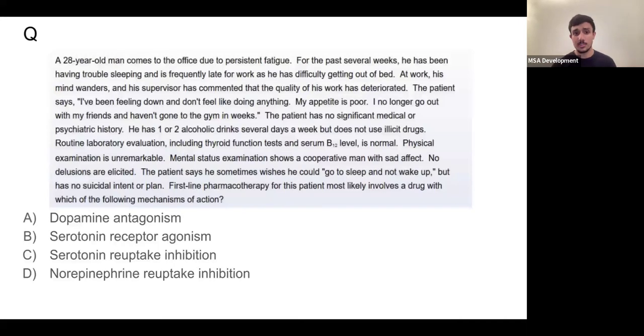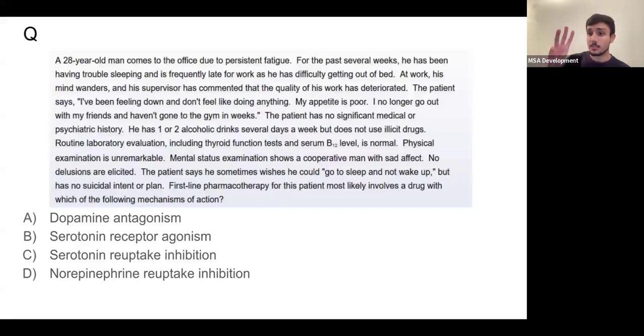Now let's go on to antidepressants. So antidepressants, we have classes of antidepressants. The most common, serotonin reuptake inhibitors, the transporter, SSRI, that is SSRI. You also have SNRI, which is serotonin and norepinephrine reuptake inhibitors, okay?